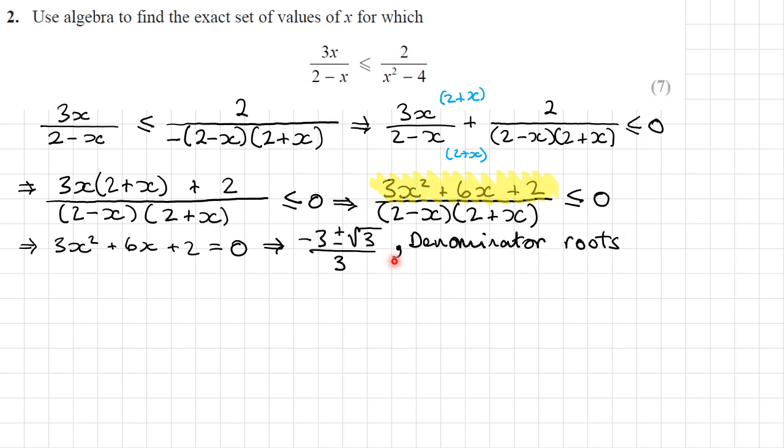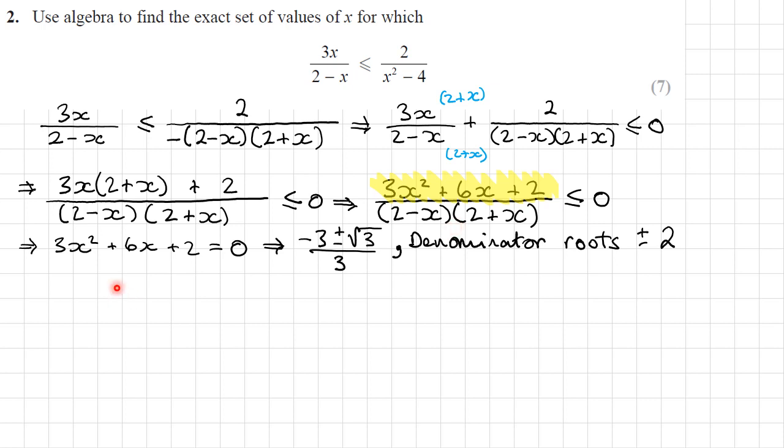And the denominator roots are going to be plus or minus 2. Now I know that when I come to write my set of solutions, plus 2 and minus 2 need to be excluded from my set of solutions, because that would make the denominator equal to 0.